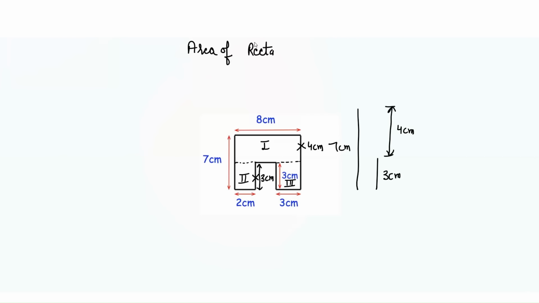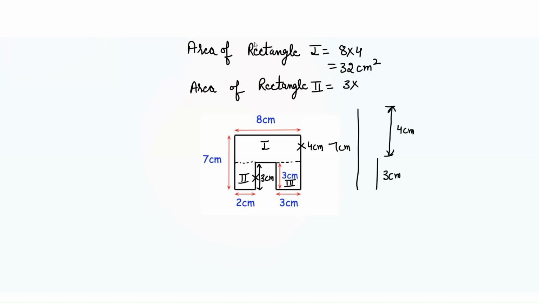So we'll find out the area of rectangle 1 is equal to 8 into 4, which is equal to 32 centimeters square. Then area of rectangle 2 is equal to 3 into 2, which is equal to 6 centimeters square.